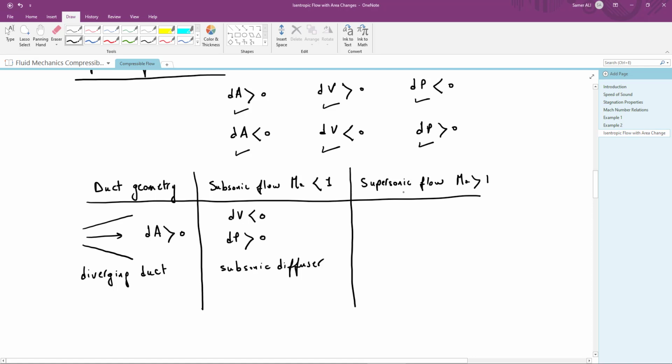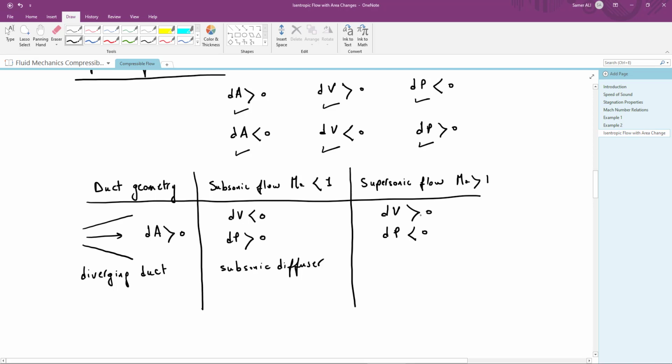And in the case of supersonic flow, if dA is positive, we said that dV will have the same sign. So dV will be positive and dP will be negative. So when the area increases, the velocity will increase in the case of supersonic flow and the pressure will decrease. So this diverging duct is accelerating a supersonic flow.